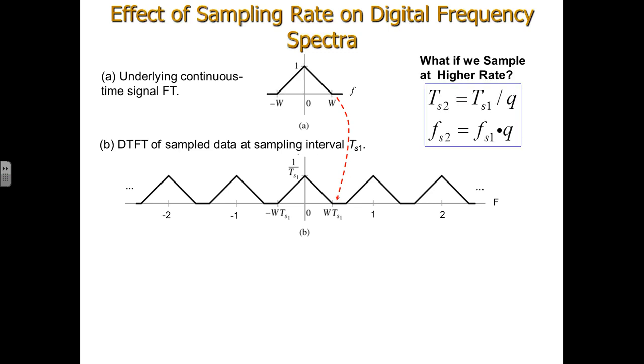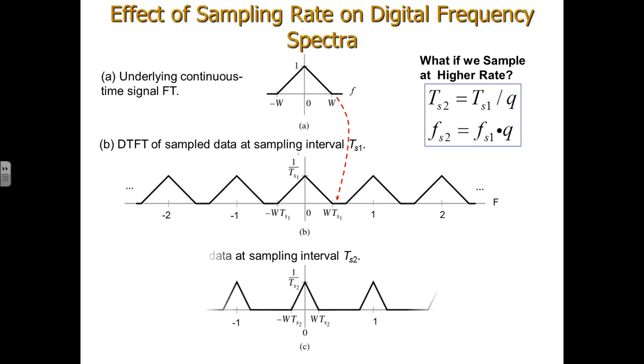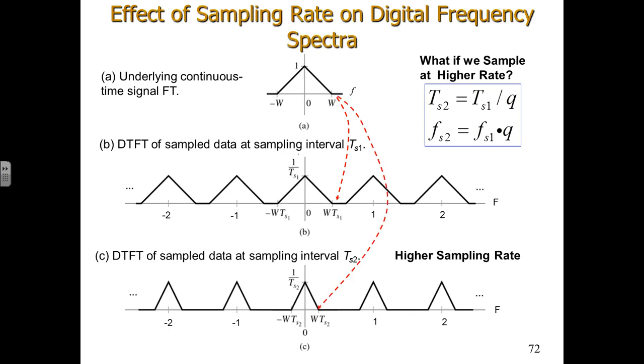Looking at this from the continuous time frequency domain, if we compare sampling at two different rates, we again see that at a higher sampling rate the spectral copies are further spaced apart. But if we look at it in terms of digital frequency and keep our axis the same, although the same effect is happening, it appears as though we've compressed or narrowed the spectrum of the original signal.